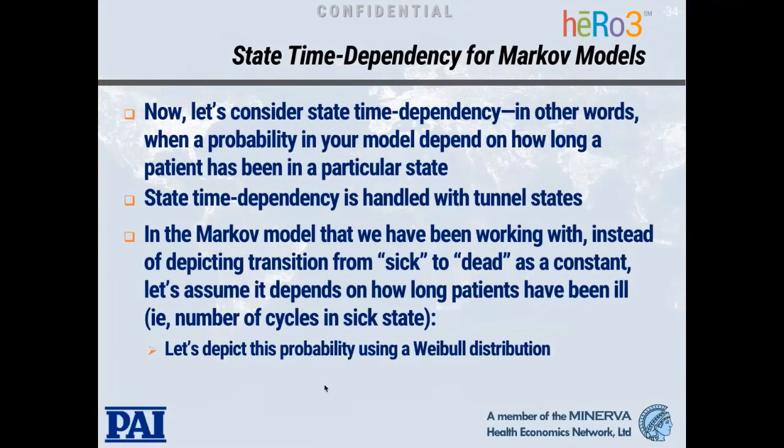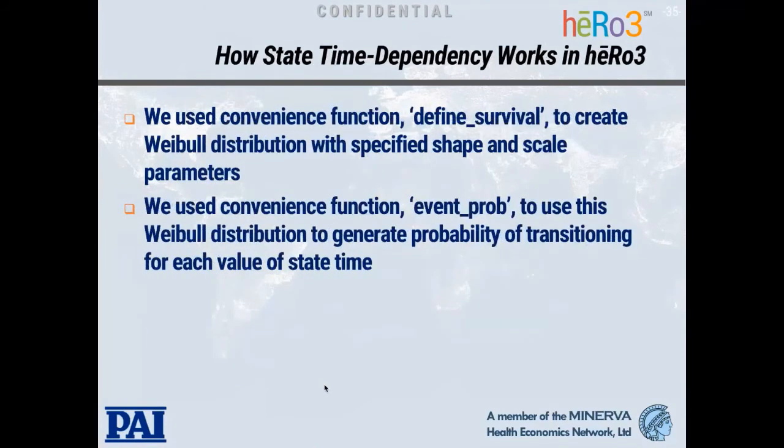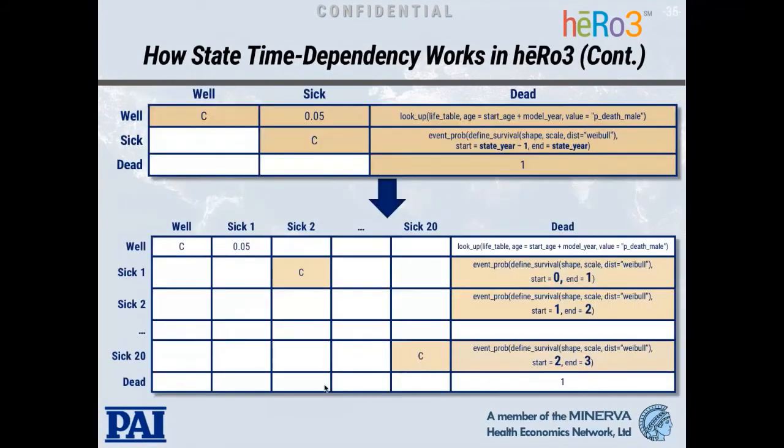Now, to break down how this actually works in the platform, we'll do another one of those diagrams. Again, starting with the transition matrix, in this cell we have our reference to the probability of going from sick to dead, which references state time.